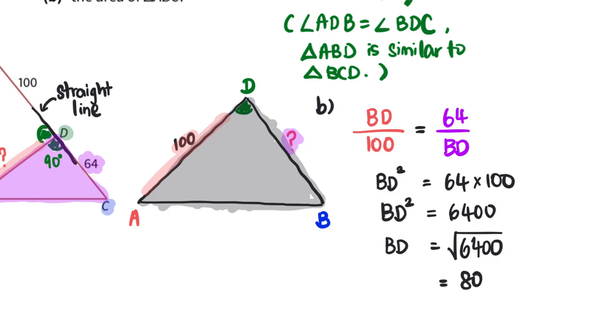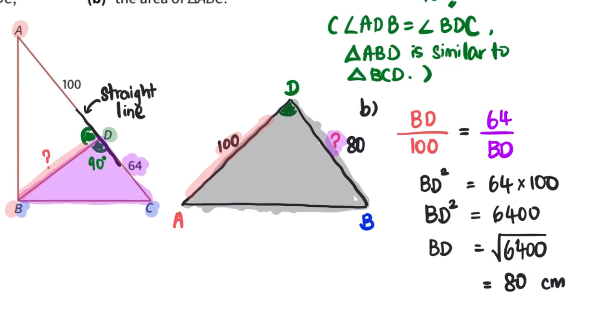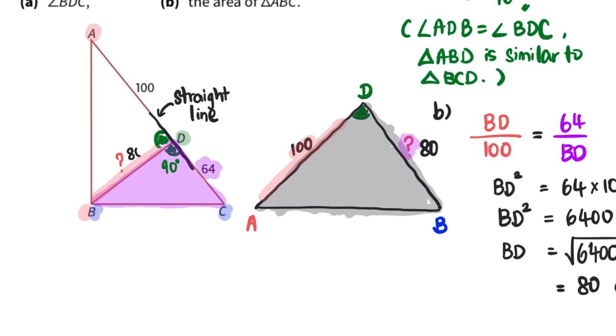The moment I know BD is 80 cm, I can find my area of triangle ABC already. Half times base times height, right?